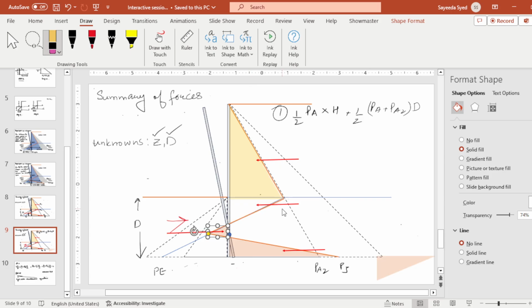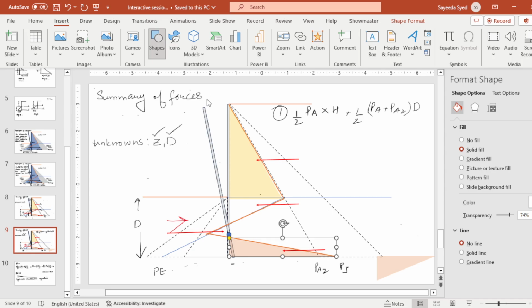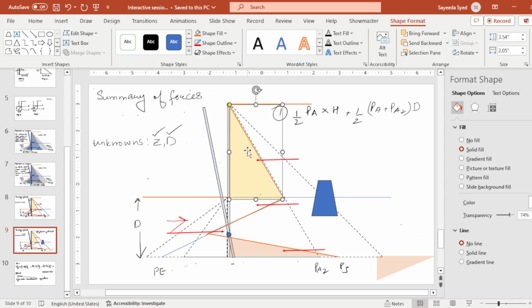Okay, this is the first part. Then we took this trapezium.